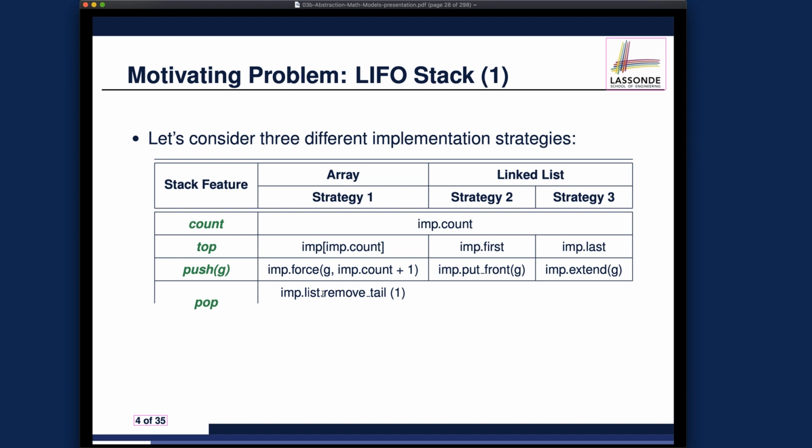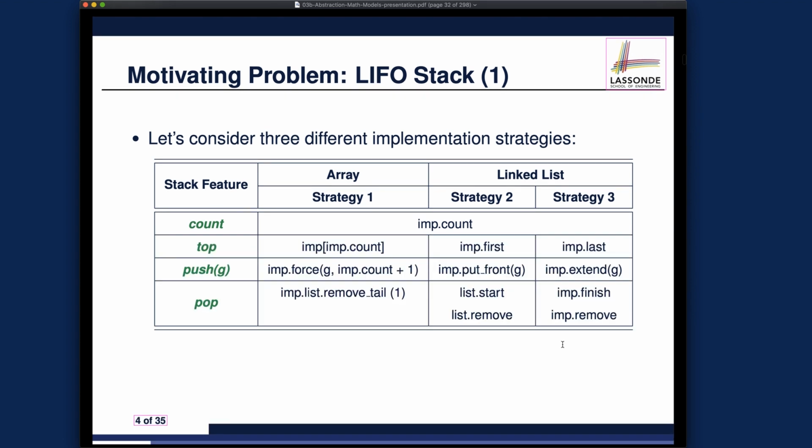You can just remove the tail at the end of the array. For strategy 2, you go to the start of the list, versus the end of the list for strategy number 3, and then remove it.